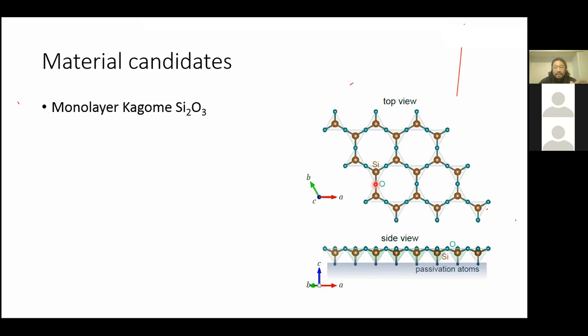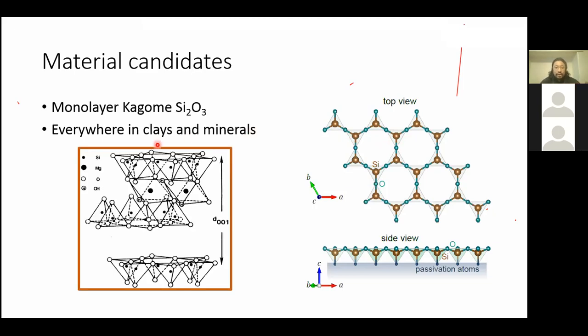This material is actually earth-abundant in clays and minerals. So for example, we take some clay as an example. The top layer or bottom layer automatically has this kind of monolayer Kagome silicate. And these kinds of structures are literally everywhere in a lot of minerals, clays, or soils.